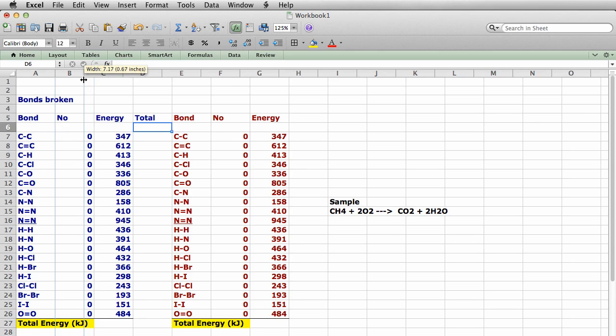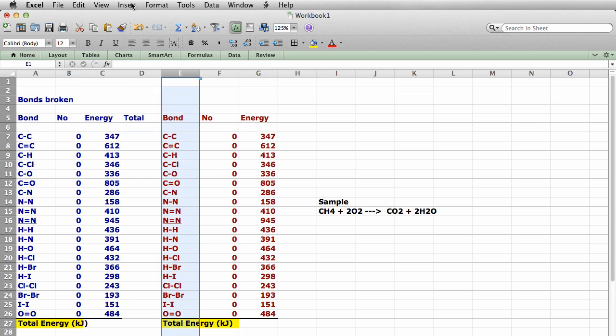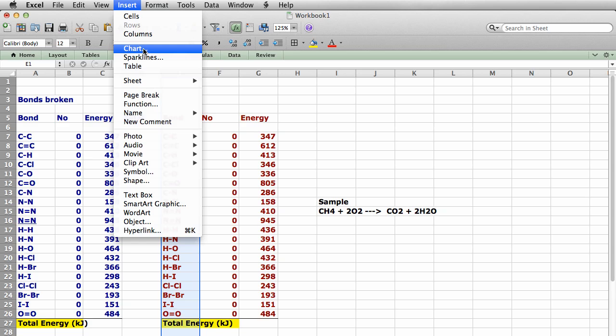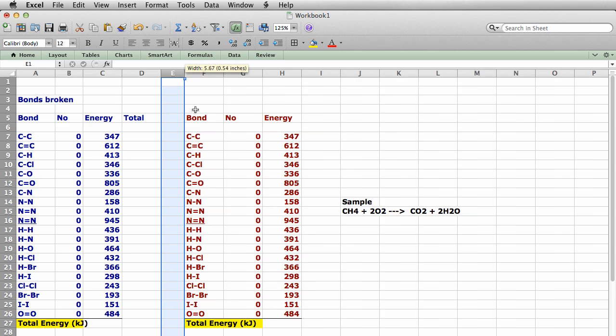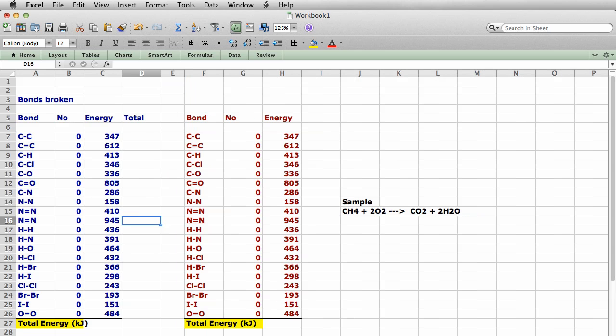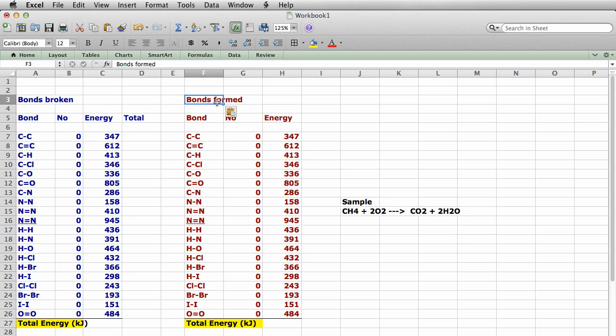We can change the widths of these by going up to the little dividers between the category headers and simply stretching them. And I'm going to insert another column here just so we can have a little bit more space between the bonds that are broken and the bonds that are formed.